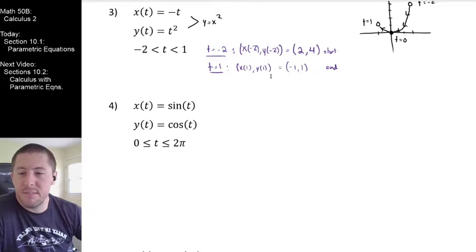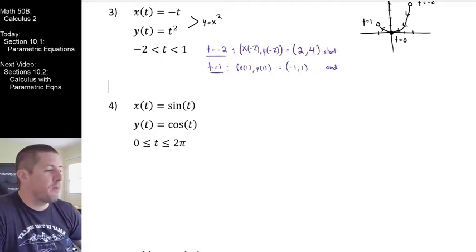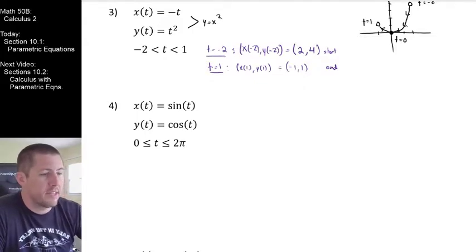All right, so x of t and y of t. And I'm going to ask myself the same questions that I ask on all of these. Is there any known relationship between x and y?